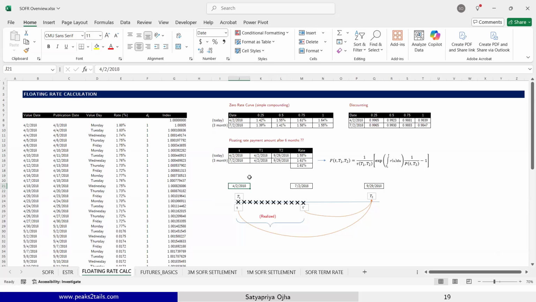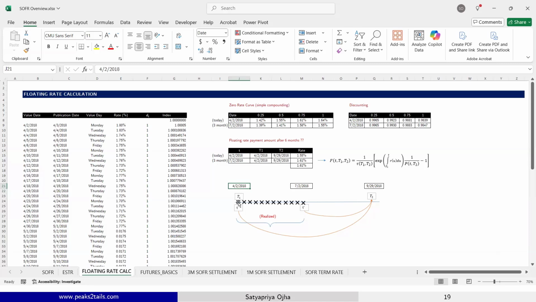When you are here at T1, the floating rate based on which the coupon will be calculated is pure expectation. You haven't seen any SOFR published yet between this period, right? You are standing at T1, the entire rate can be derived from the yield curve.